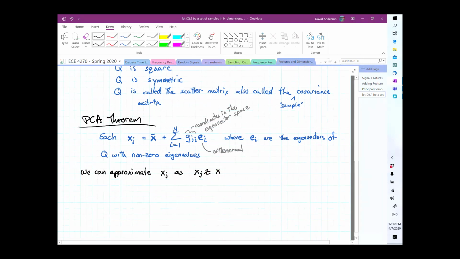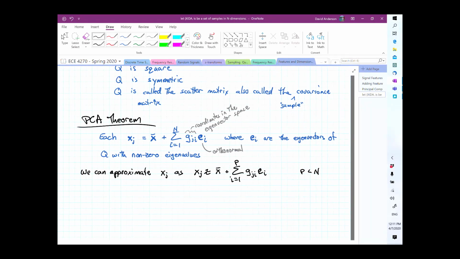Approximately equals the mean plus the sum from i equals 1 to P. I'm going to put P up here. Everything else is the same. It's just that P is less than N. In other words, we can just use some of the eigenvectors to approximate our data.